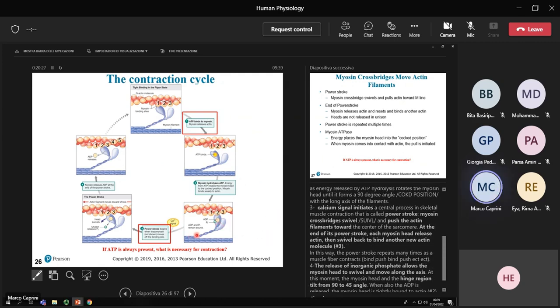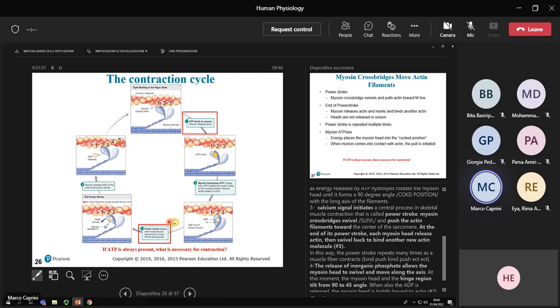After that, through a process that we will analyze later on, a calcium signal coming from the endoplasmic or sarcoplasmic reticulum starts a process that is called the power stroke.